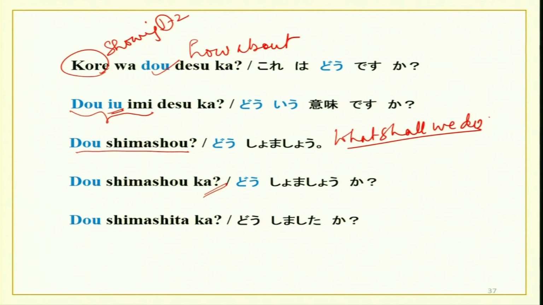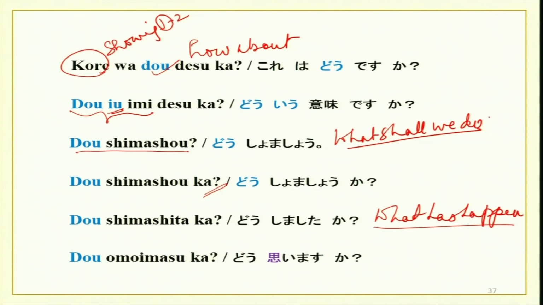Then do shimashita ka, what has happened? So, somebody is looking for something, you go over there and you ask him, do shimashita ka, what has happened? Or there is a fight or an argument between two people and you try to sort of control the situation and you say, do shimashita ka? Then do omoimasu ka?